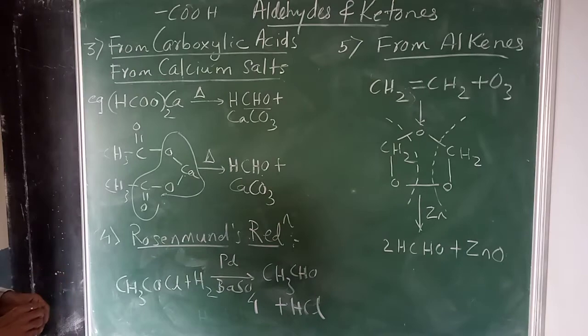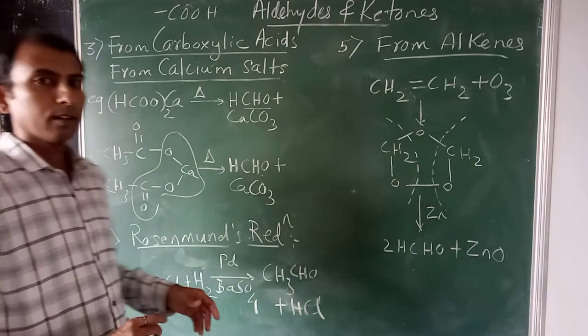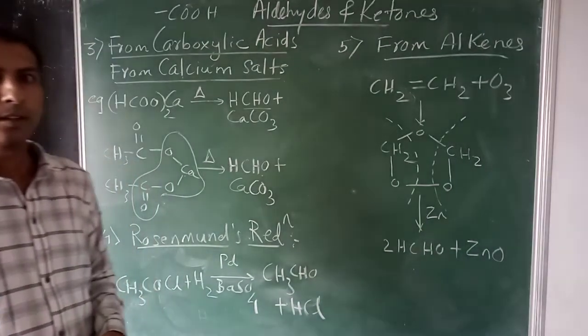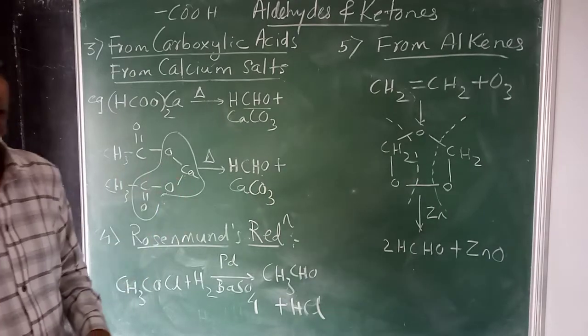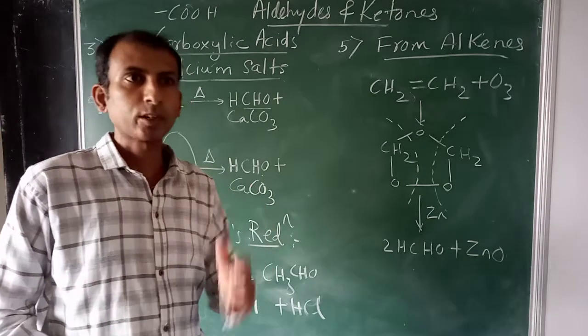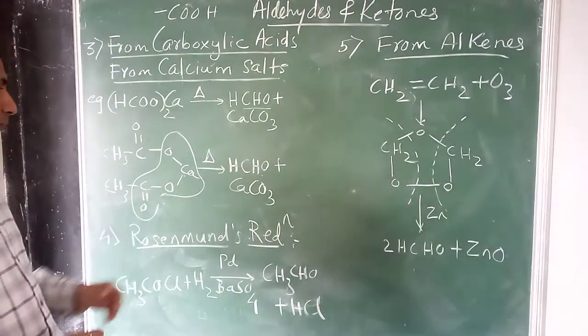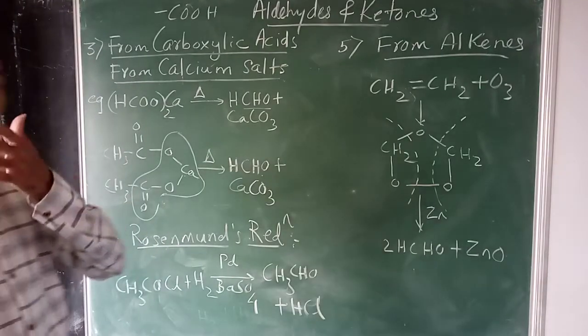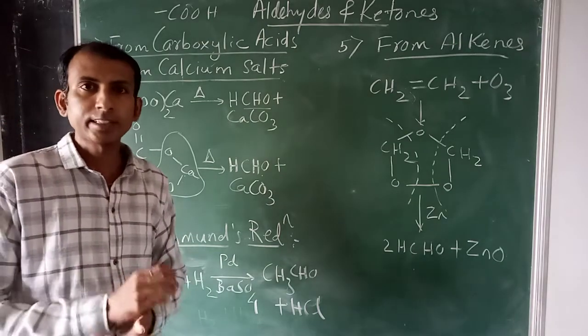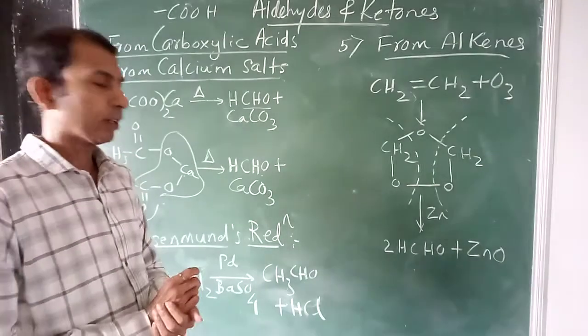Now next method is Rosenmund's reduction. This chemist tried one method of preparation of aldehyde and ketone, and that we have to study now. Reduction we already know: reduction is nothing but addition of hydrogen.